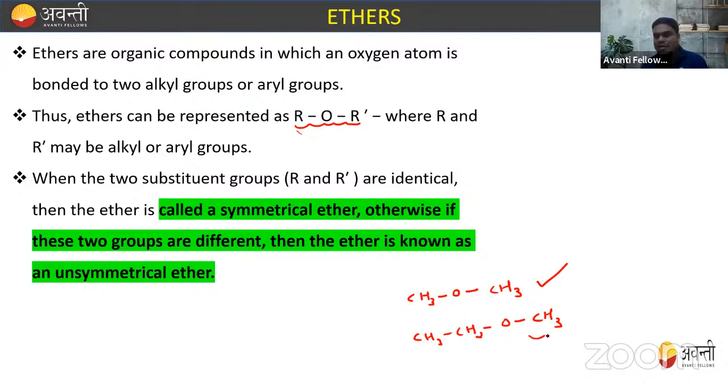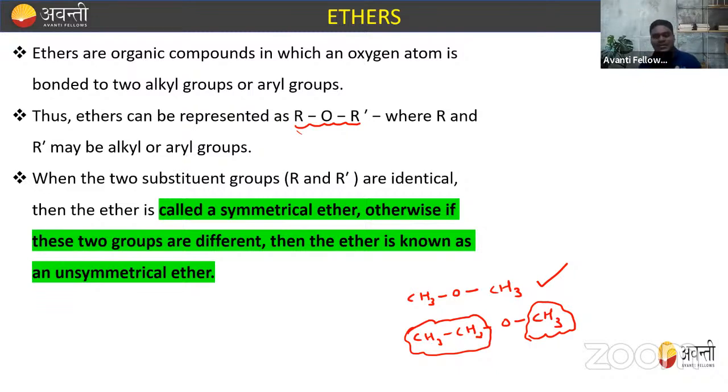Why? Because here methyl acts as the alkyl group, whereas in this case ethyl acts as the alkyl group. So the number of carbon atoms on either side of oxygen is different. Whenever it is different, it behaves as an asymmetrical ether.